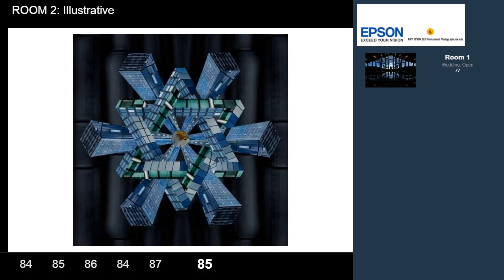This print scores silver with distinction. Melissa, would you just like to say something on it? Am I allowed to say anything? I am now. I think this is a silver distinction. It's innovative.